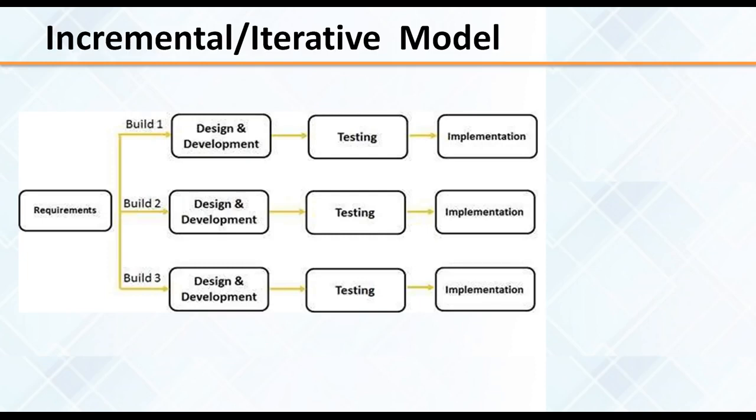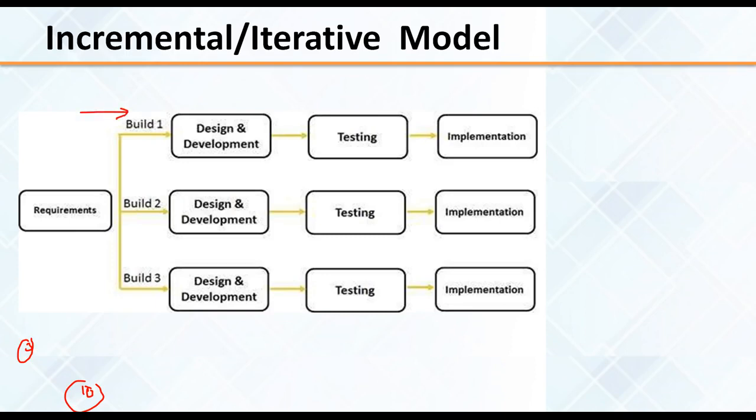So for example, let us say the customer has 10 requirements. He has given only the first 3 to 4 requirements, for example. For those requirements, we will start design, development, testing and implementation. So one process will go on for a few requirements.